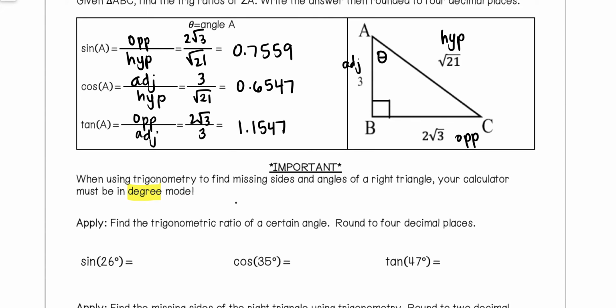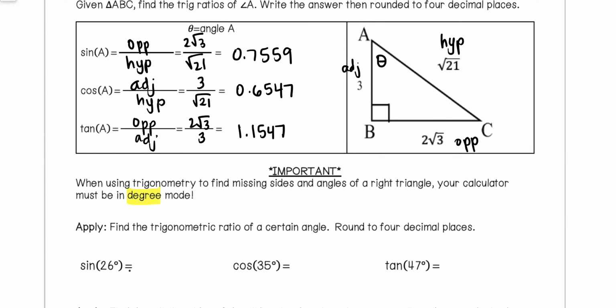So we're going to actually plug these into a calculator. So you can use the Desmos Virginia testing calculator, and it should default to degrees. And you'll just type it in as sine, S-I-N, in parentheses 26, and close the parentheses, and that should give you a value. Now we're asking you to round to the nearest 10,000th place, so 4 decimal spaces.